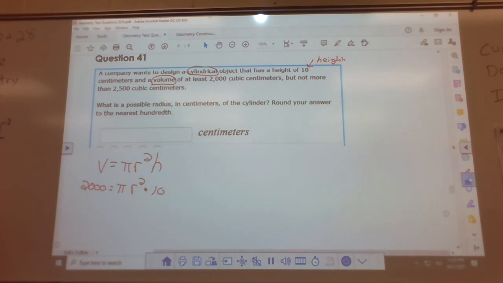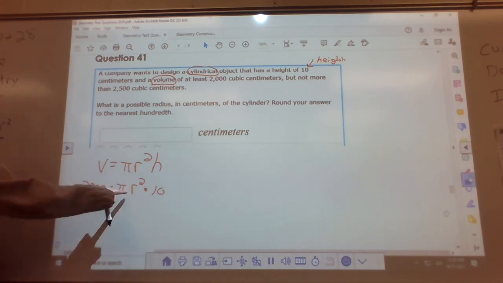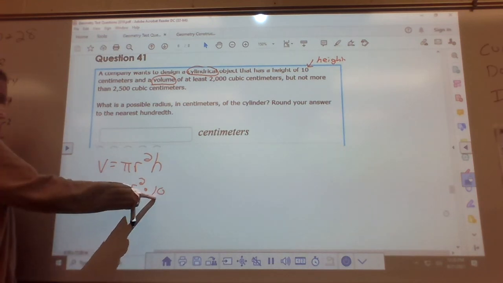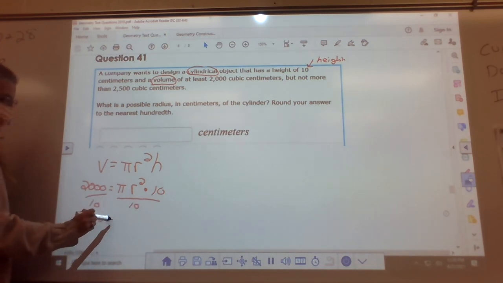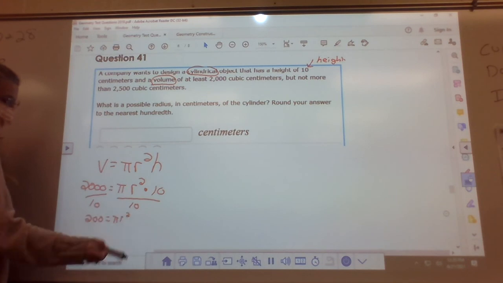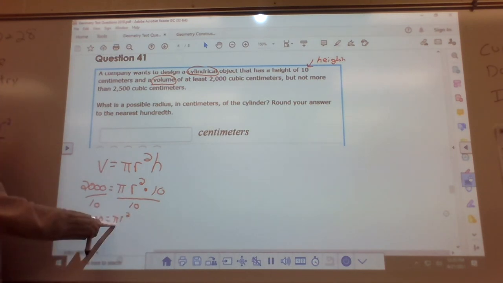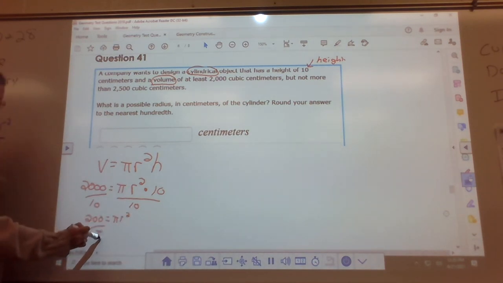So in that equation, I know everything but the radius. So I'm going to start working my way to the radius. I'm going to divide by 10 first just because it's the easiest to divide. 200 equals pi r squared. I've got to move the pi out of the way, so divide by pi.